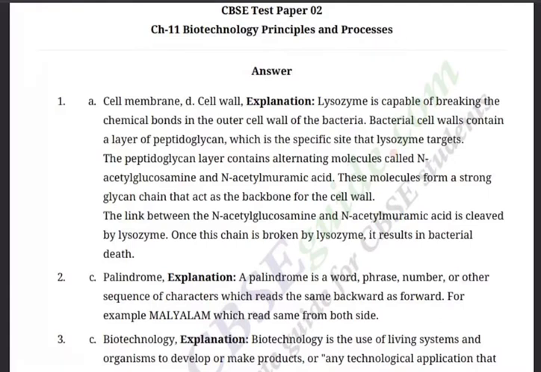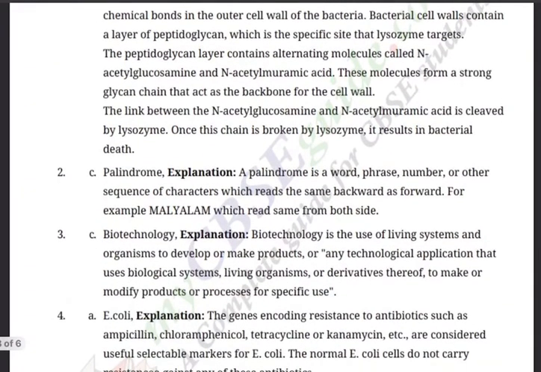These molecules form a strong glycan chain that acts as the backbone for the cell wall. The link between the N-acetyl glucosamine and N-acetyl muramic acid is cleaved, meaning broken, by lysozyme. Once the chain is broken by lysozyme, it results in bacterial death.